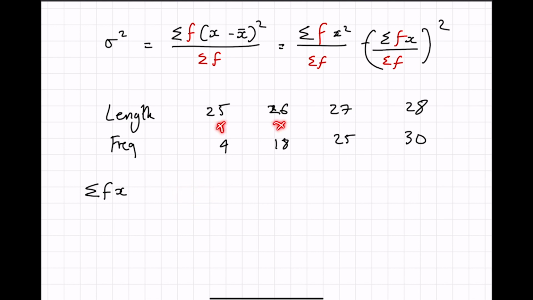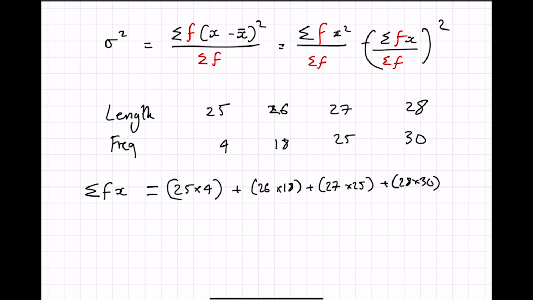You just multiply each of these values and then add up what you get. So sum of fx is 25 times 4, plus 26 times 18, plus 27 times 25, plus 28 times 30. Whatever that comes out to.